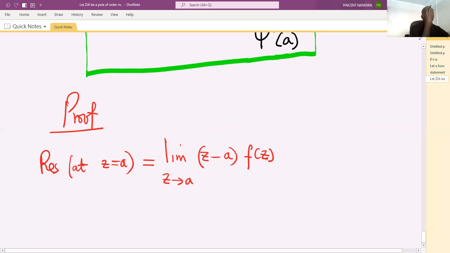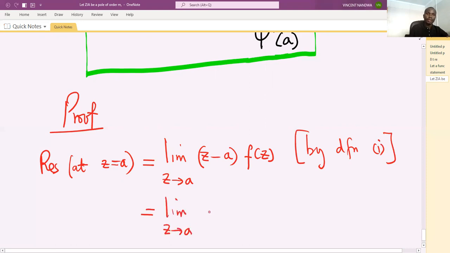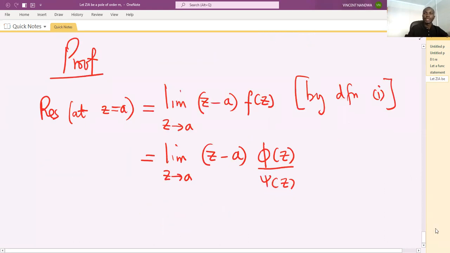This by definition, we have just stated in the first case, given in Roman 1. So we can write it as limit as z approaches a of z minus a multiplied by the function, which is now of the form phi of z over psi of z. This is the structure of the function f of z.